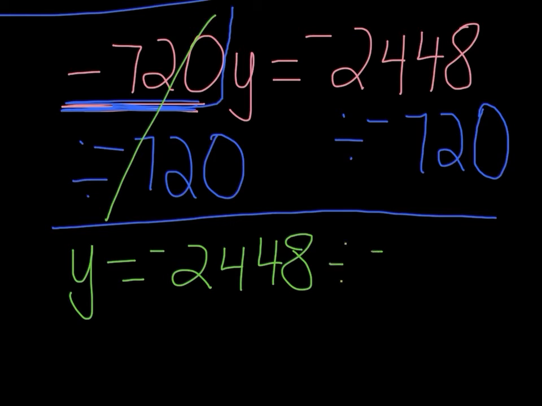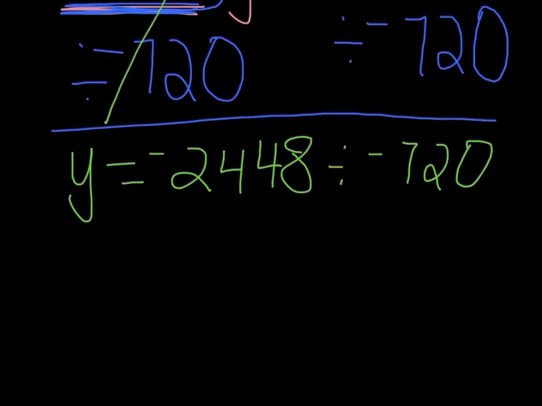divided by negative 720. So before I get into asking myself how many times 720 goes into 2,448, I already know that my answer is going to be a positive number. Now, why do I know that? I know that because we talked about this last chapter.